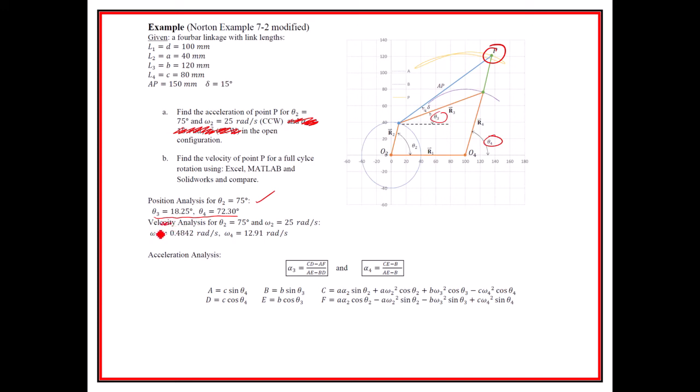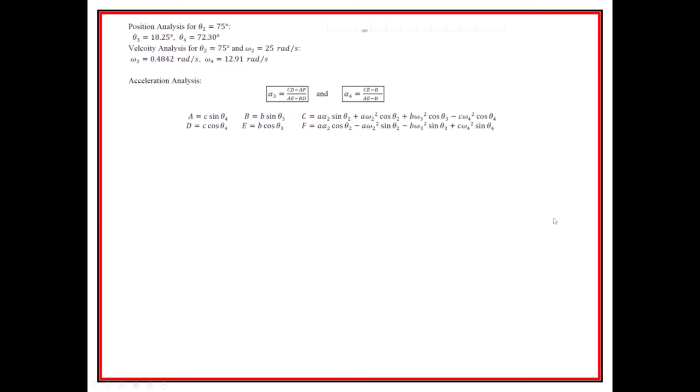Then we do a velocity analysis at that position for the crank at 25 radians per second, and we find what the angular velocities are going to be of links 3 and 4. And now we want to do an acceleration analysis, and here are the equations provided in Norton. It's a little bit of a pain to write these through, but with a little bit of work, it isn't going to be too terribly difficult.